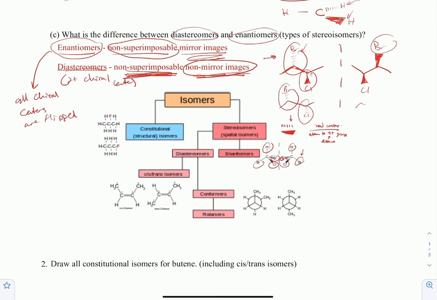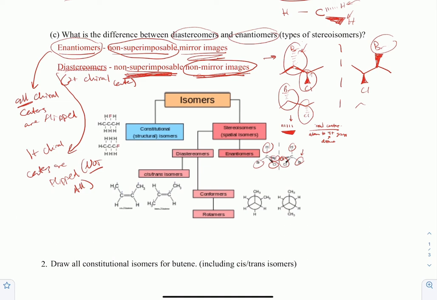And so a diastereomer is one plus chiral centers flipped. But notice that it cannot be all of them. If it was all of them, then it would be an enantiomer. Not all. So that's the main difference between an enantiomer and a diastereomer.